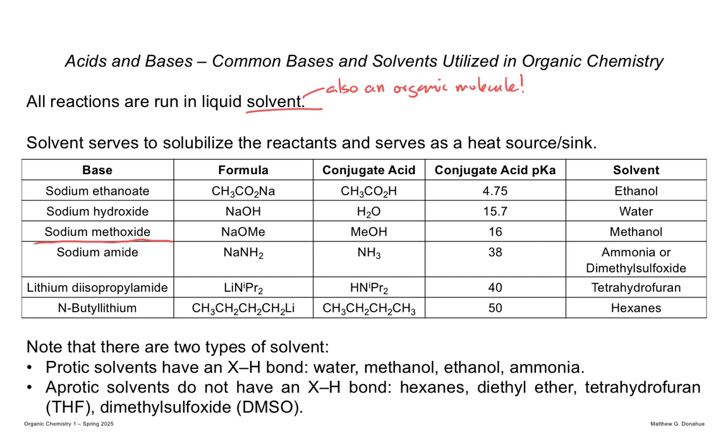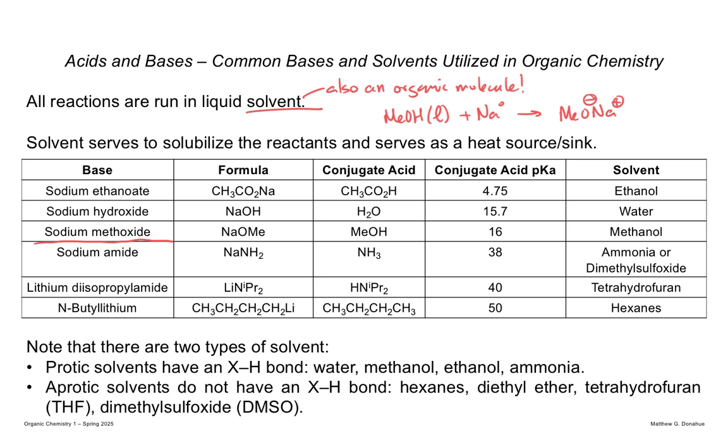So essentially, if we look at, say, sodium methoxide. For example, if you take methanol, as a liquid, and you add sodium metal, that is going to generate sodium methoxide in methanol.